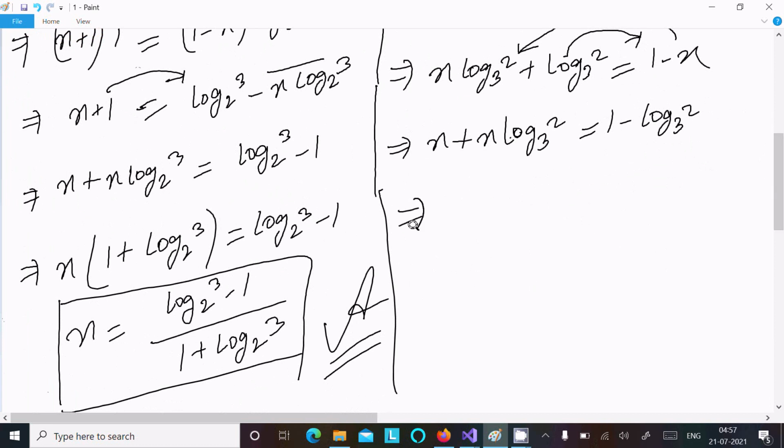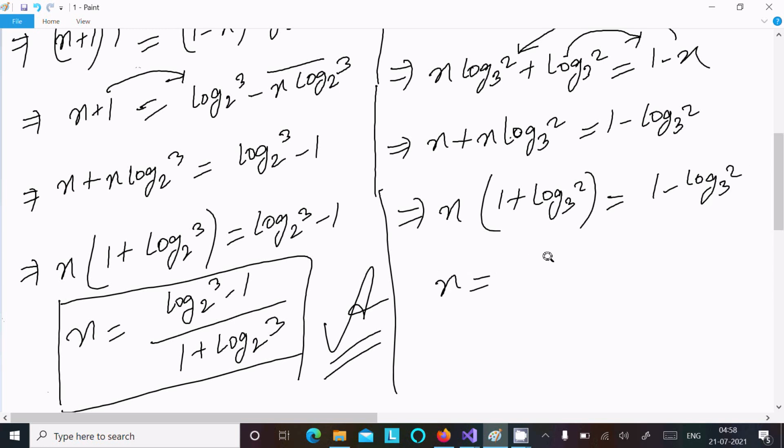After that, take x common, so you get x(1 plus log base 3 of 2) equal to 1 minus log base 3 of 2. Now you can write x equals (1 minus log base 3 of 2) divided by (1 plus log base 3 of 2).